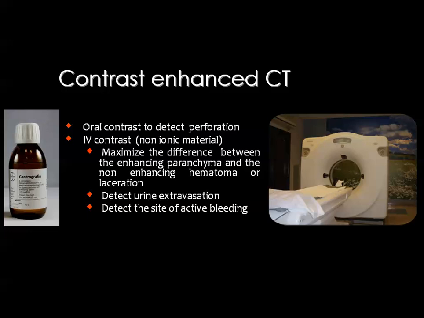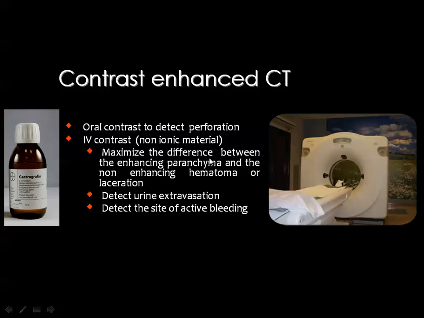In such cases, you will see that the orally administered contrast medium will leak inside the peritoneal cavity, while intravenous contrast is mandatory, even if the patient, of course, is not fasting. You should give intravenous contrast to maximize the difference between the enhancing parenchyma of the liver and spleen, for example, and the kidney, and the non-enhancing hematoma or laceration, as you can see in a moment.